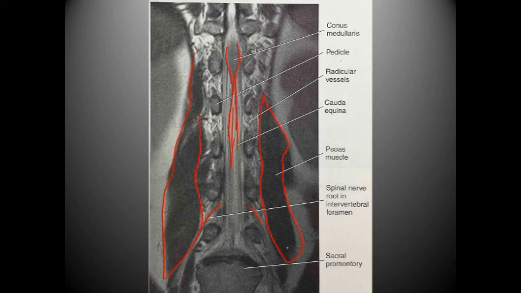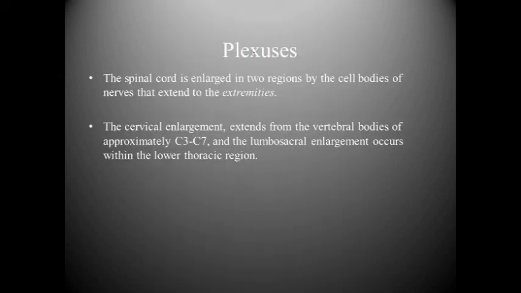We have the sacral promontory, which we're not going to worry about because it's really not easily demonstrated here. And what we're seeing in terms of the spine are the pedicles, as they are descending.